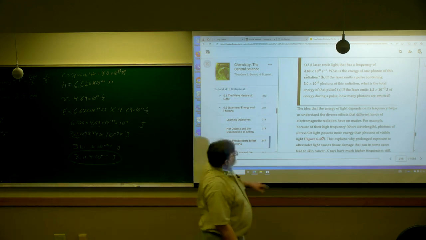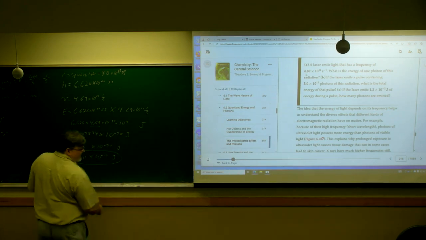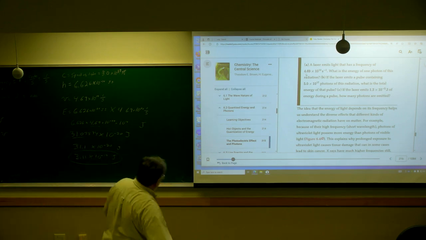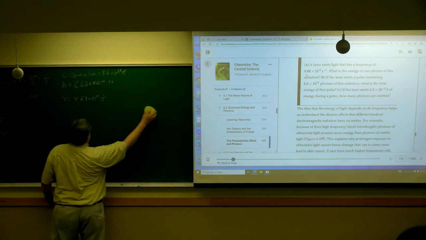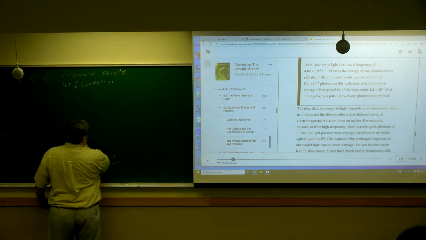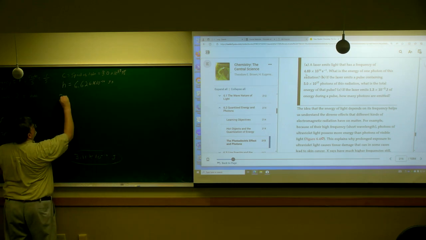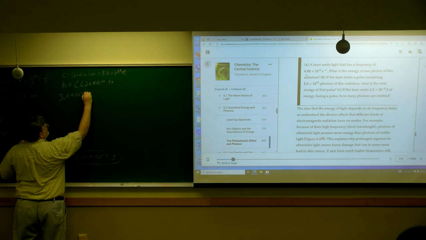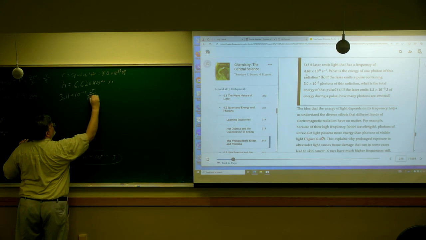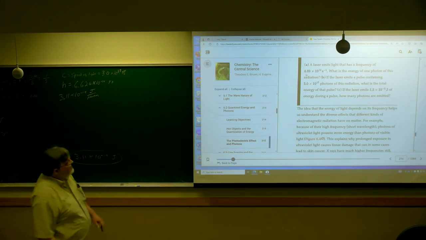So if you had that many photons, you would just multiply. So let me make sure that's clear. I guess I would rewrite this as negative 19 joules per photon to solve this next one.